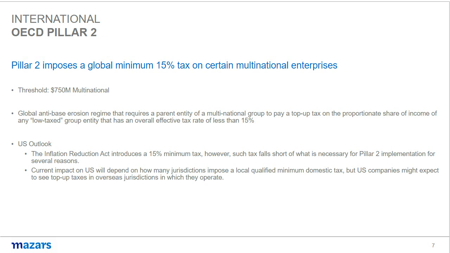Currently, it looks like Pillar 2 will have some significant impacts on U.S. companies that operate in multiple jurisdictions, but I think there is a desire, at least in Treasury, to try to work something out to bring our local laws more in line with Pillar 2 implementation.